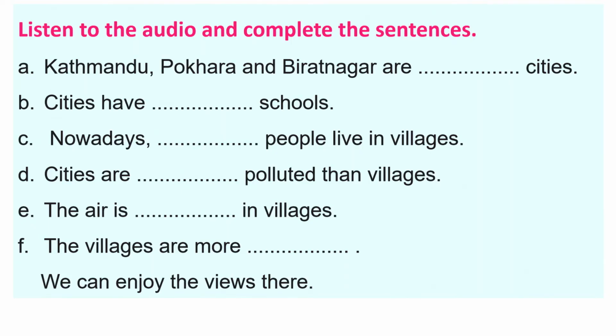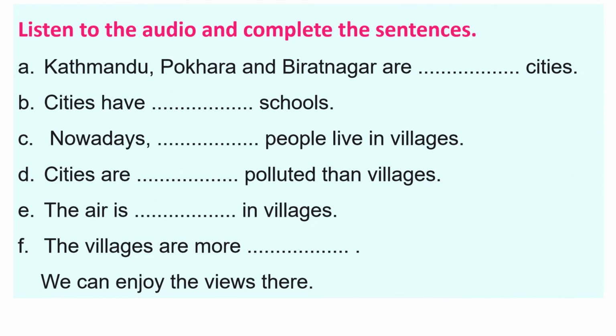In Nepal, there are more villages than cities. Kathmandu, Pokhara and Viratnagar are bigger than Dharan, Butwal and Nepalganj. Living in a city is different from living in a village. In big cities, there are sometimes better schools. There are fewer people in the villages these days because many people have moved to the cities to work.